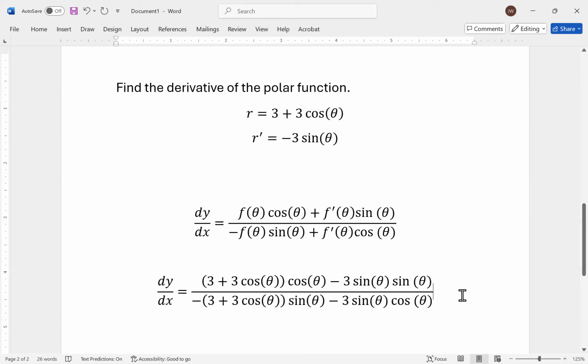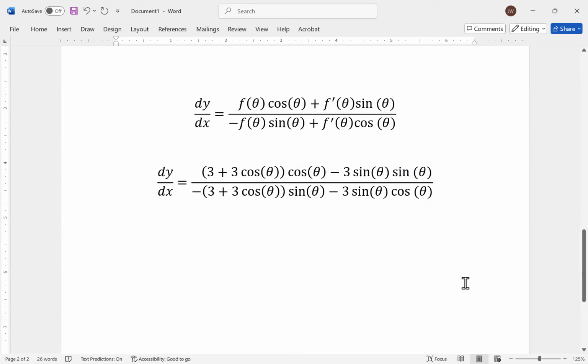By the way, there is some simplification you could do if you wanted to. So for instance, we could distribute this cosine in the top. Let me go ahead and do that just to make this a little bit easier. So we'd get 3 times cosine of theta, and then we'd get a plus 3 times cosine squared of theta.